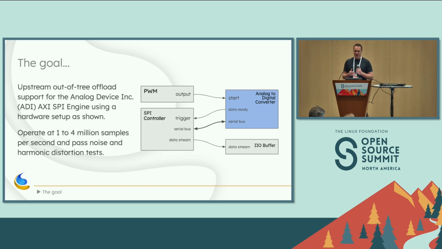More specifically, we want to use this controller with the analog-to-digital and digital-to-analog converters in order to get millions of samples per second while having accurate enough timing that we can pass harmonic distortion tests and noise tests on these analog-to-digital converters. If we can pass those tests, then we've accomplished our goal.